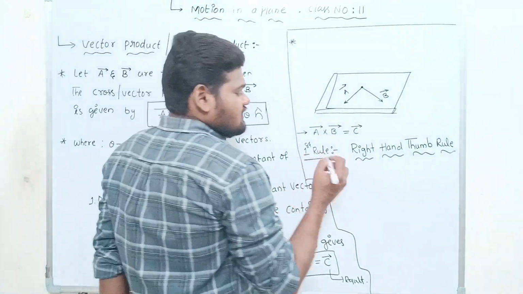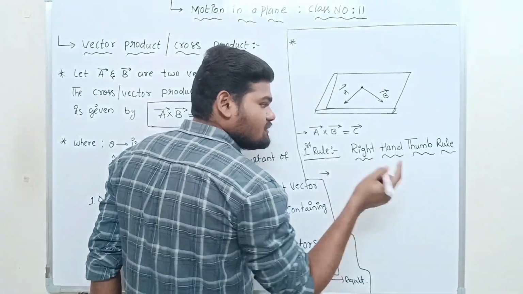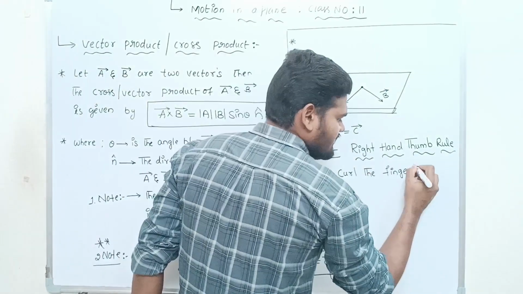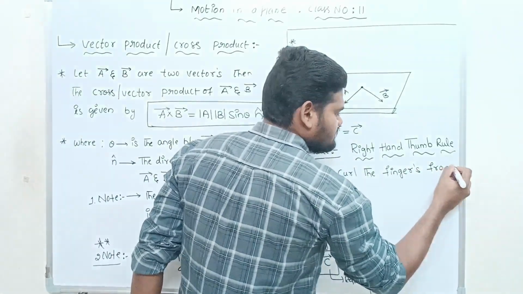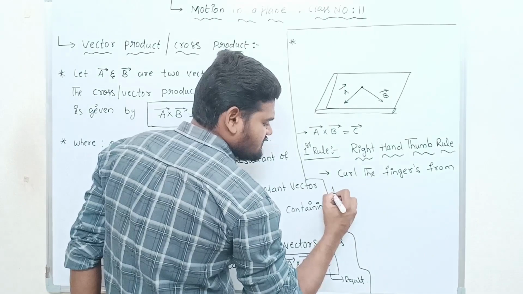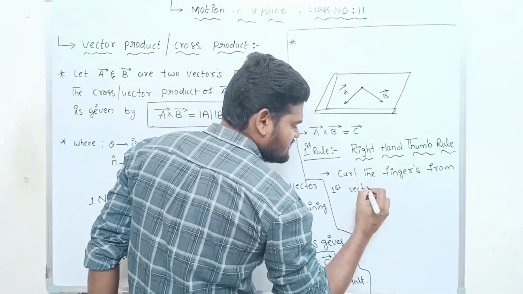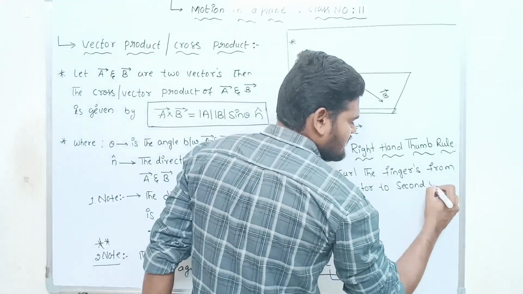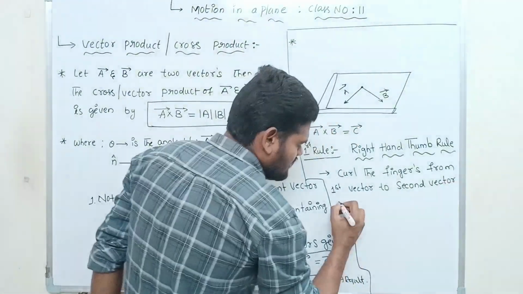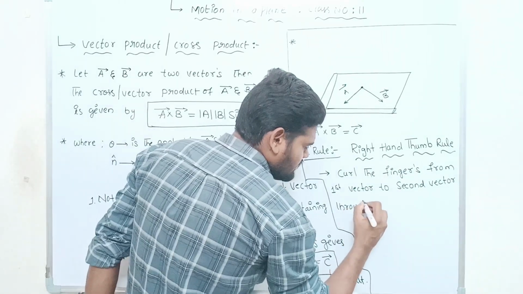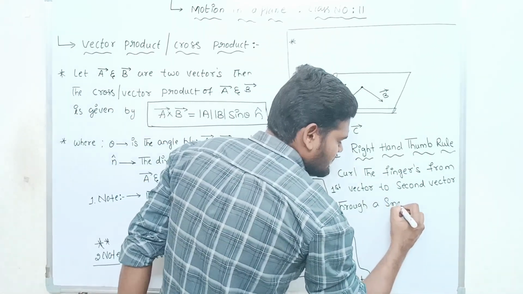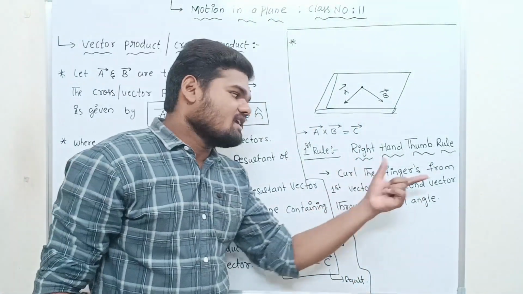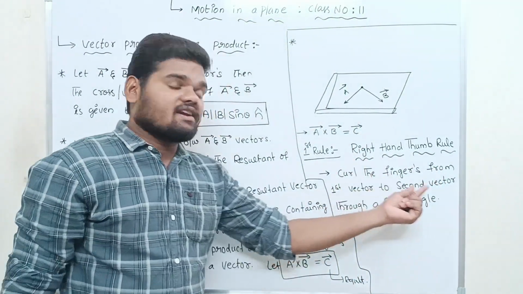The right hand thumb rule says: curl the fingers from the first vector to the second vector through a small angle. So we just have to curl our fingers from the first vector to the second vector.